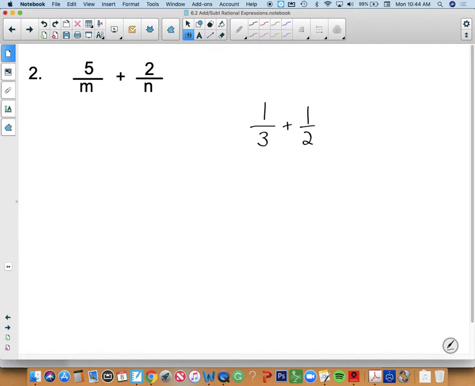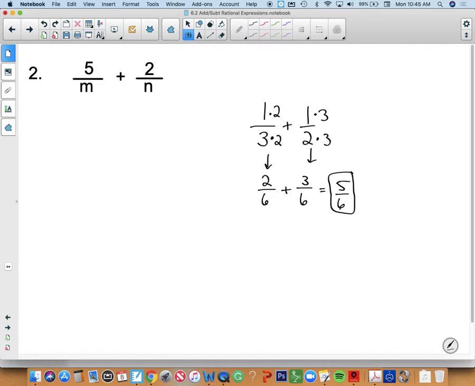That's my least common denominator. So we take top and bottom times a 2 here, and top and bottom times a 3 here. Then this one turns into 2/6, and this one turns into 3/6. So 2/6 plus 3/6 is 5/6. That's addition of two fractions. You learn that in like 5th and 6th grade.